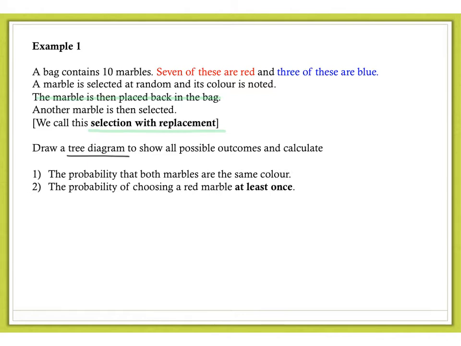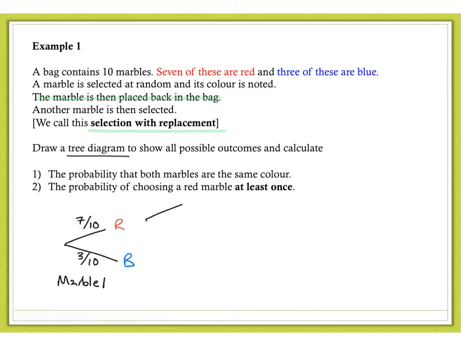So here's our tree diagram. So I want a pair of branches which represents marble 1, and marble 1 could be red or it could be blue, and the probability of getting a red marble is 7 out of 10. The probability of getting a blue marble is then 3 out of 10.